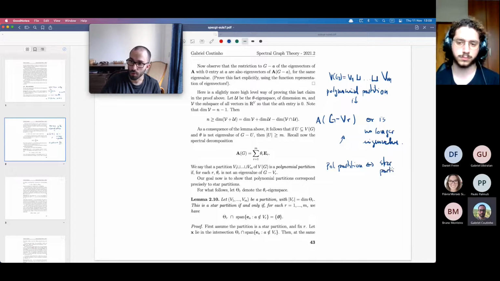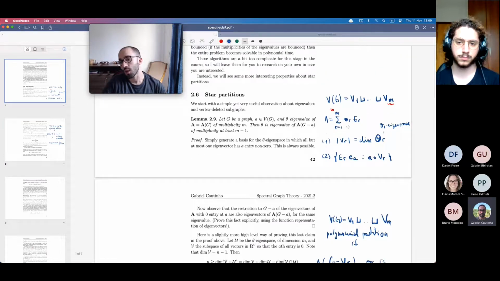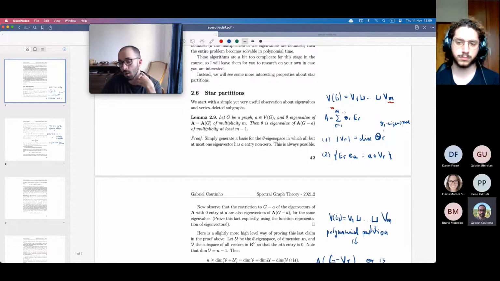So there is a sort of correspondence between removing vertices and deleting eigenvalues and finding an eigenbasis coming from projections of the vectors of those vertices onto the eigenspace.